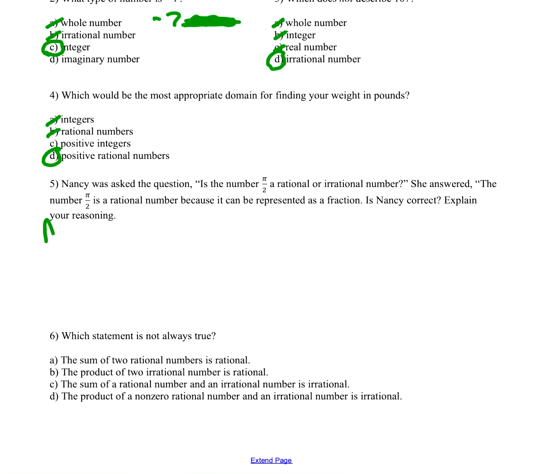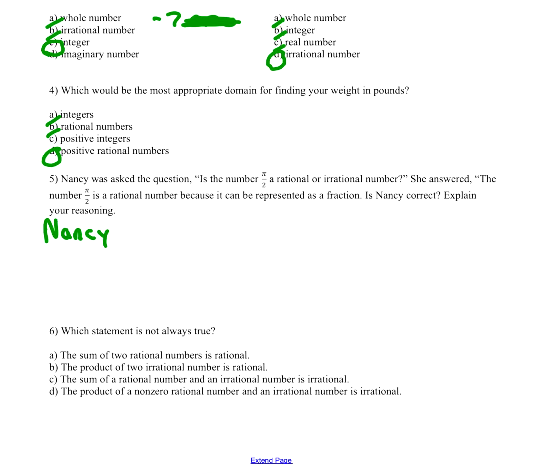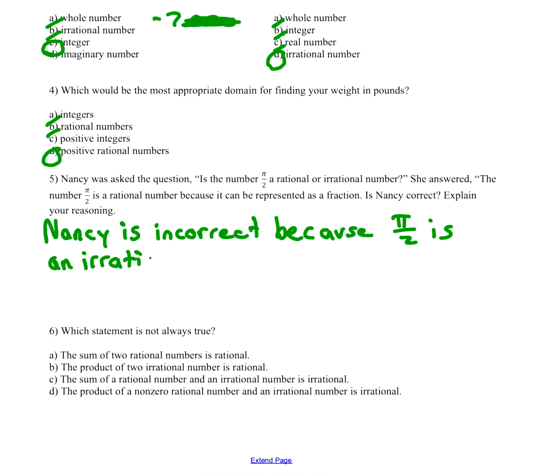So Nancy is incorrect because pi over 2 is an irrational number, as pi in the numerator is not an integer.